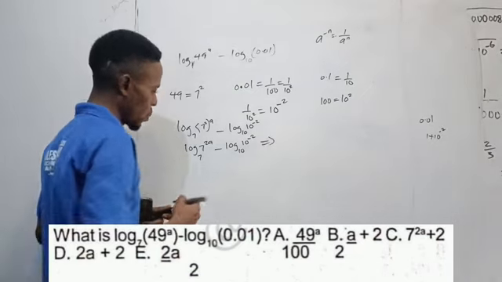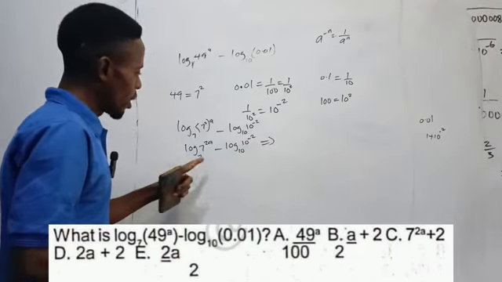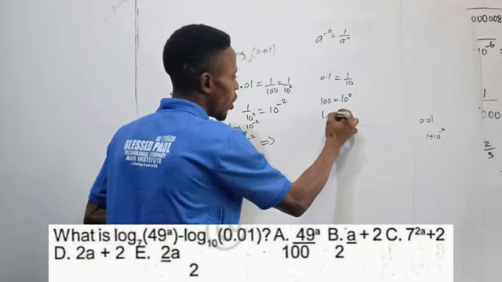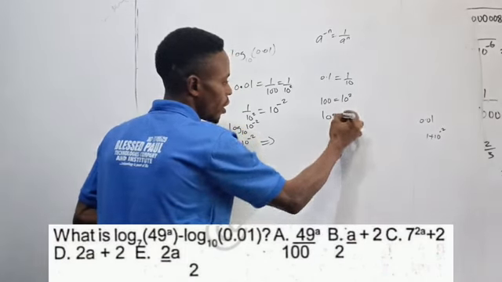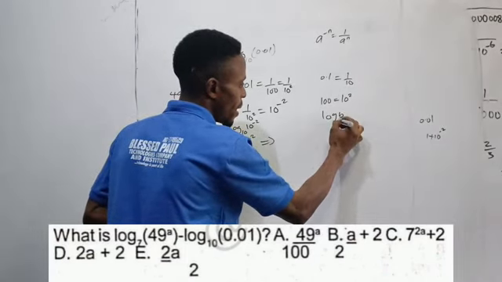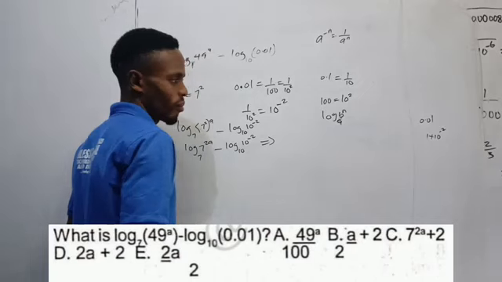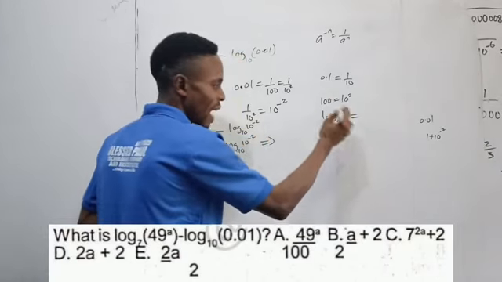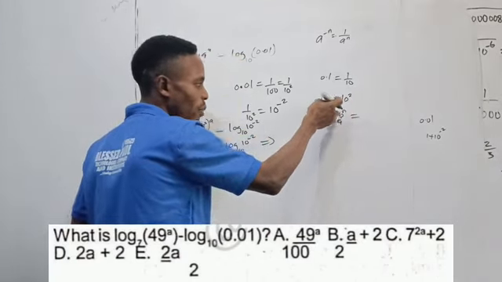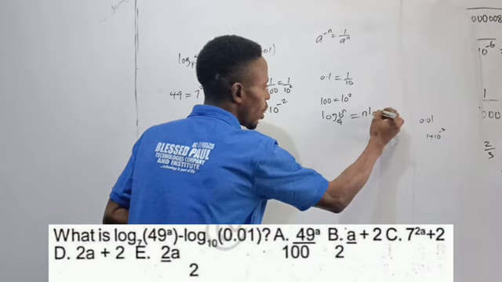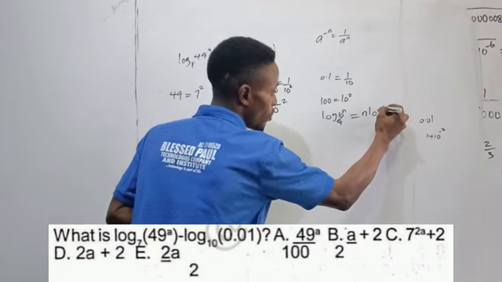So the next thing to do here, if we consider the law of logarithm, when you have log of b base a raised to the power of n, this n will come to the other side, multiplying the log, that is n log of b base a.